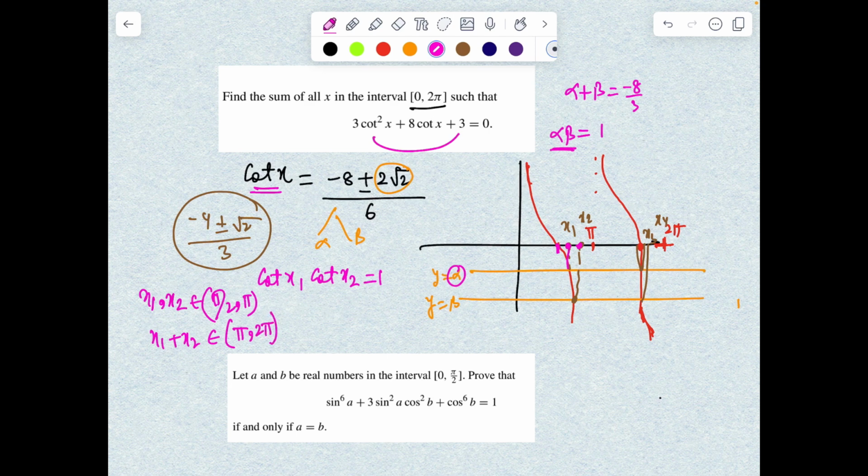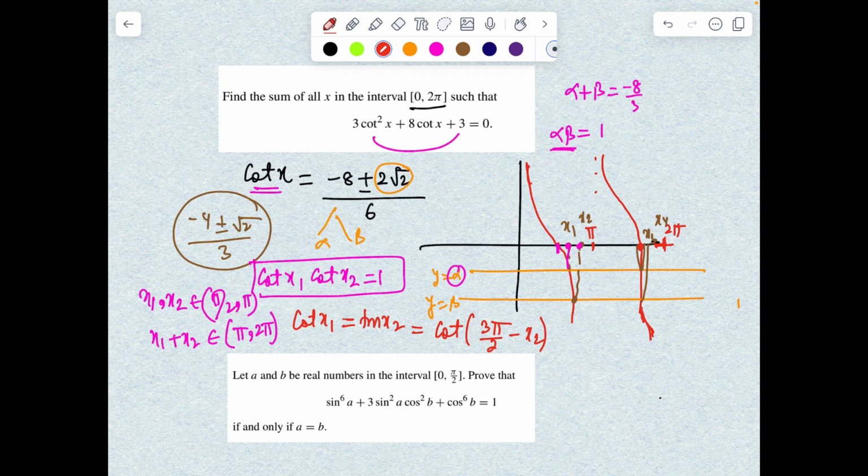Okay, so now we need to find a relation between x1 and x2 such that their product of cot is 1/3, and we have to filter from this window. That's not a very great game, because we can write cot x1 equals tan x2, and tan can be written as cot of (3π/2 minus θ), right?